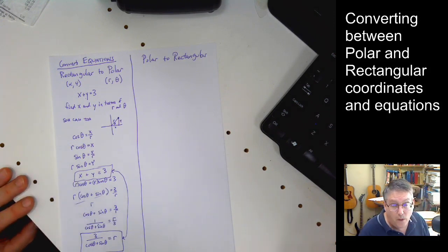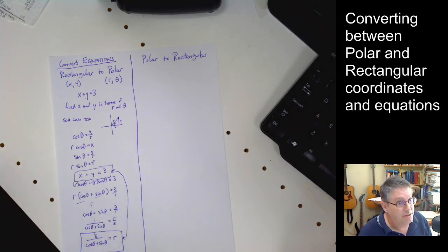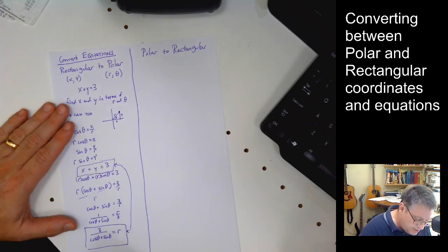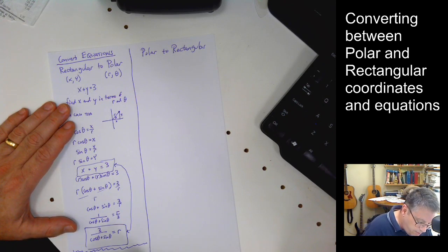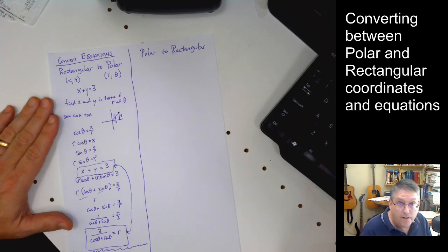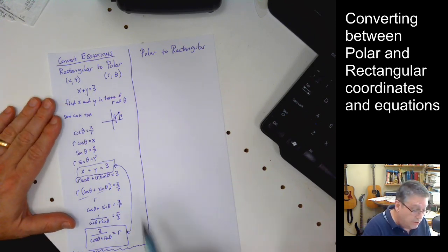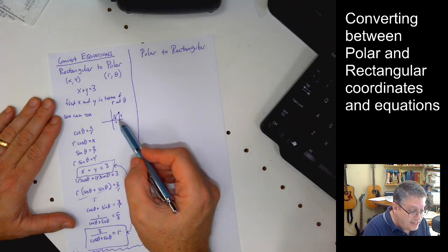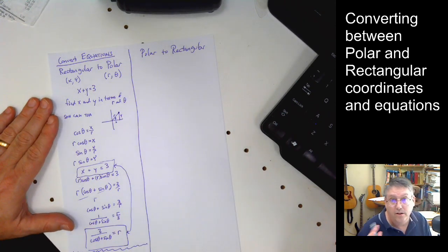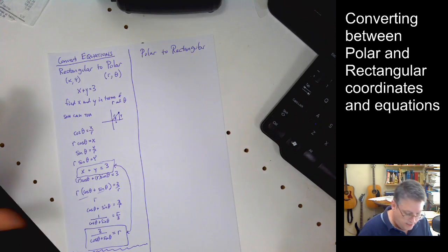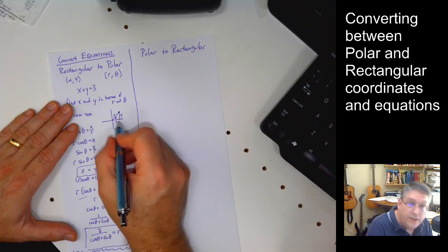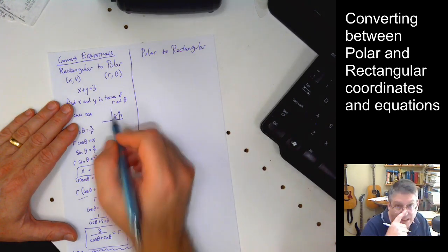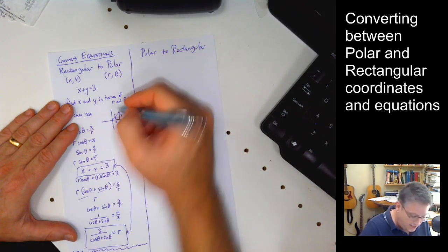I do want to point out one thing, because you might run across it. This is totally extra and doesn't have to do with the problem above. If you remember from the unit circle, there's the x and the y and the r, and r equals 1. On the unit circle, x is the cosine value and y is the sine value.